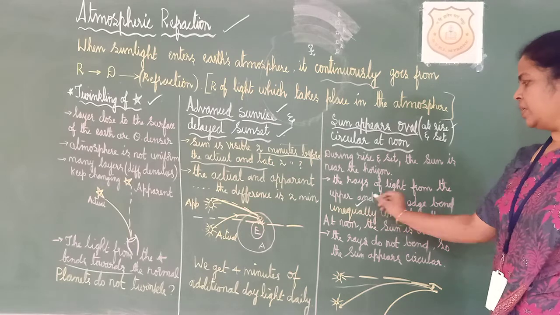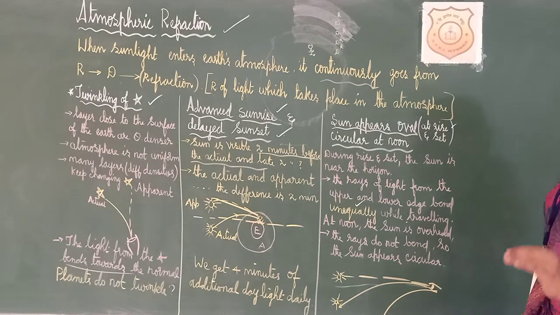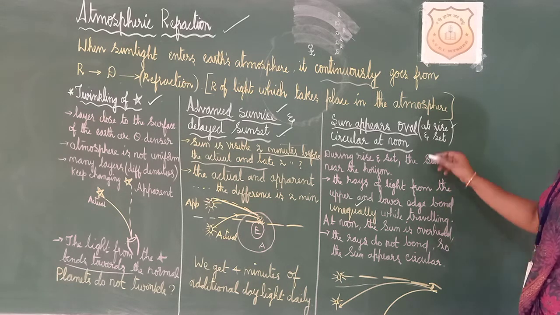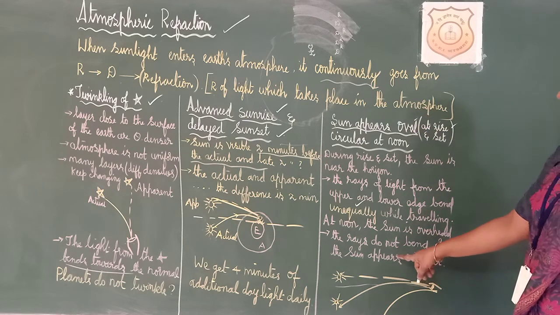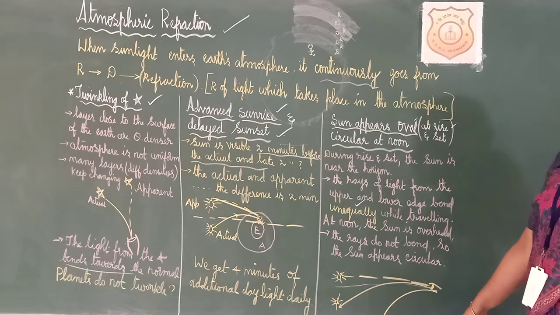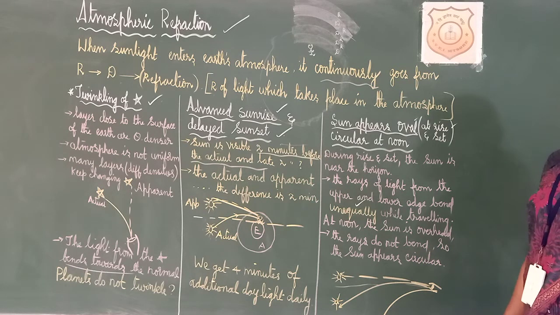This term is very important. They are unequal. When the light is traveling, it is unequal. So, which shape does the sun appear? Oval shape. But when it is just above the head, the rays do not bend. They come straight.